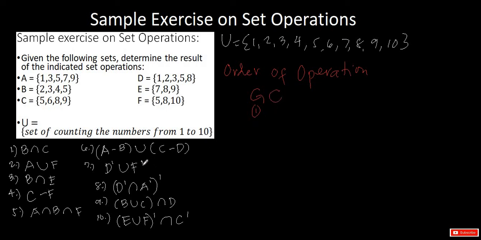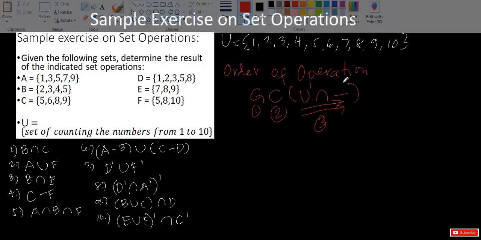The complement operation should be performed before step 3, before performing the union, the intersection, and the difference. So the union, the intersection, and the difference are the last operations to be performed. This is step 3.